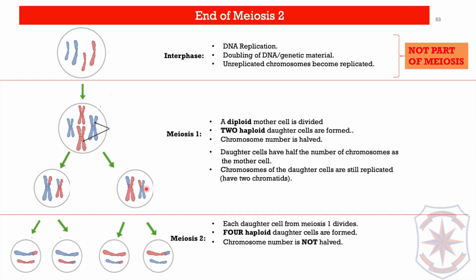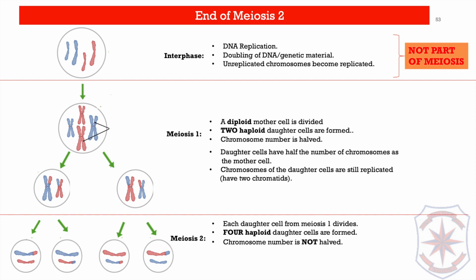Okay, and the chromosome number is not halved during meiosis 2. Guys, very important. The halving of the chromosome number only occurs during meiosis 1. During meiosis 2, we do not halve the number of chromosomes again.